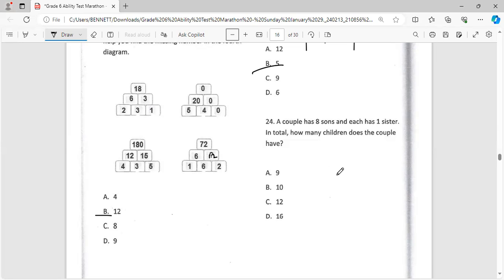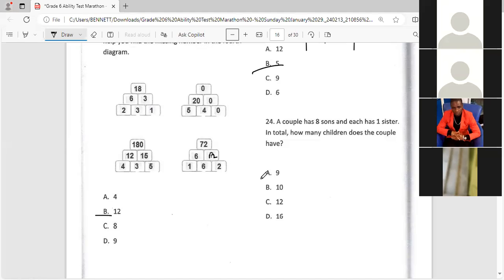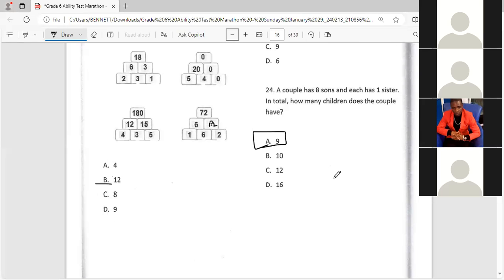In total, how many children does the couple have? 9, sir. I'm sticking with the 9. So they have 8 sons and 1 sister. Yeah, it's the same sister. It means, sir, they have 8 sons and 1 daughter. Yeah, sir. That's super.